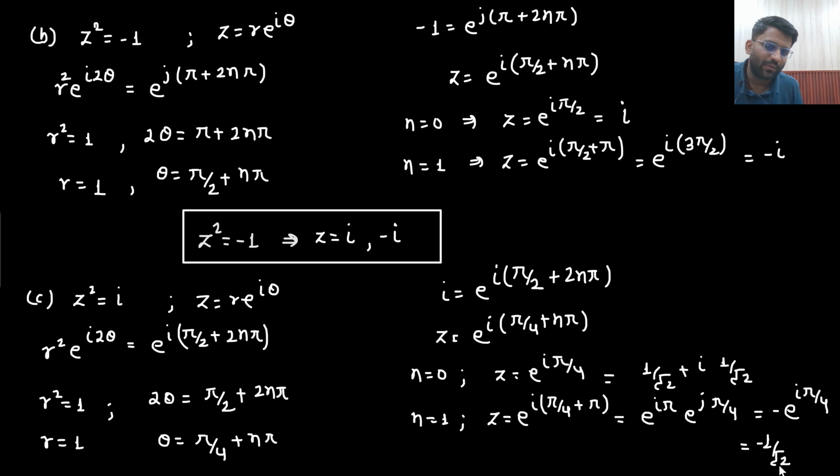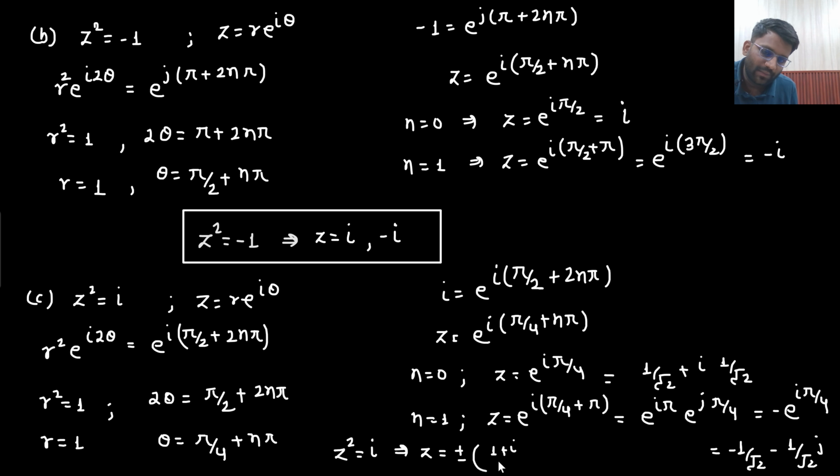Minus 1 by under root 2, minus iota by under root 2. So what is the answer? That z square equals iota, then z equals plus minus (1 plus iota) by under root 2. Say yes or no.